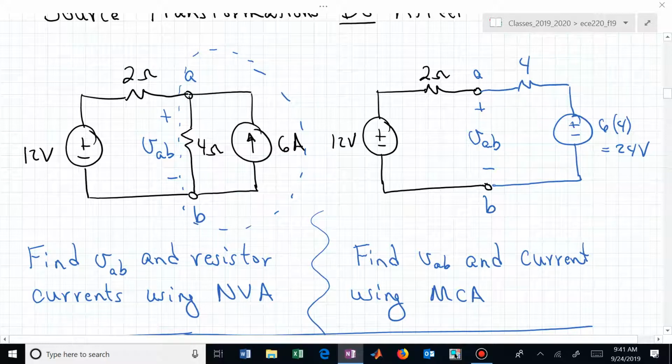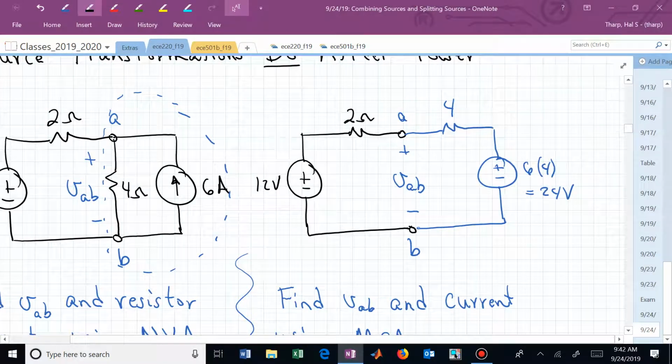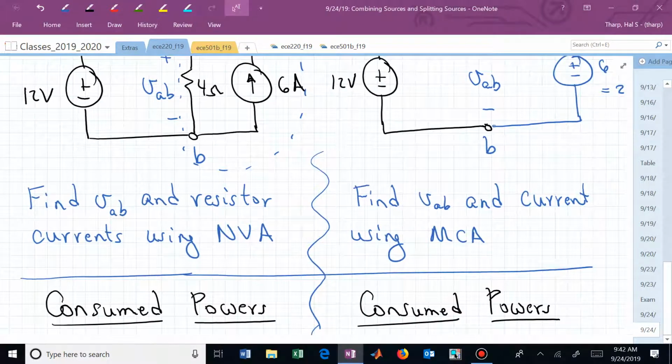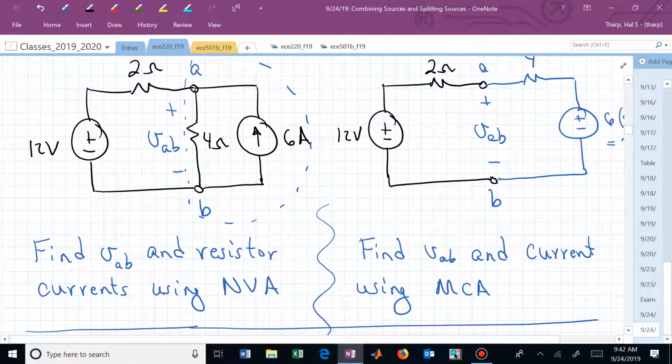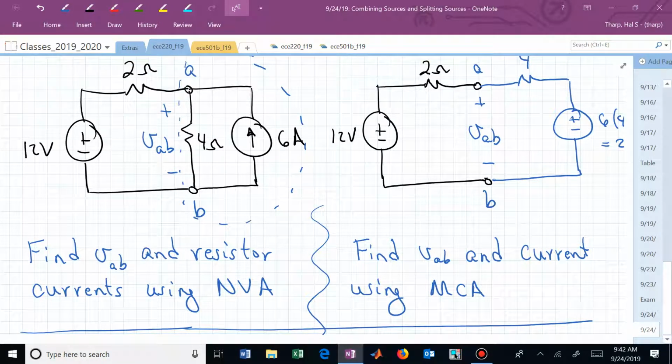How do we find V sub AB on the left? Here I say find it using node voltage analysis. What does that look like?